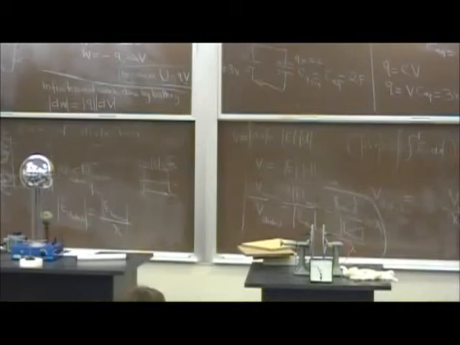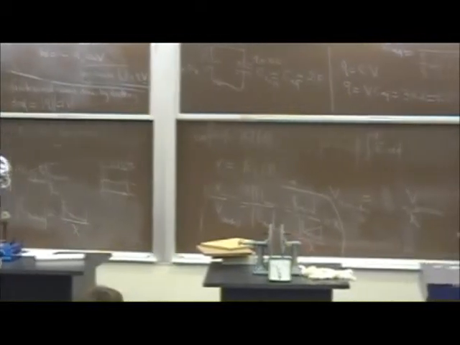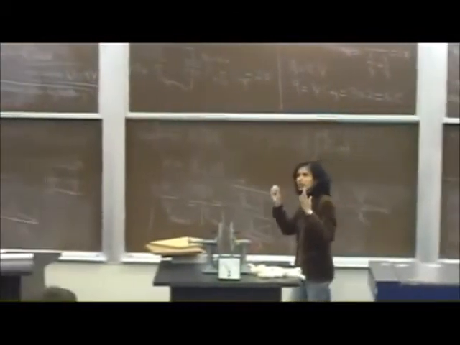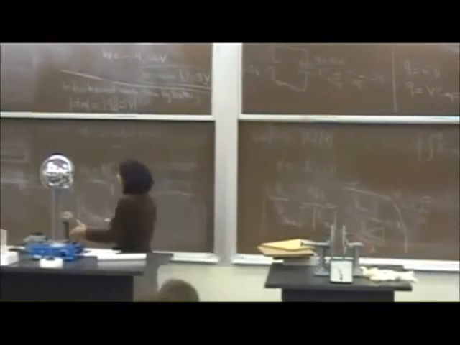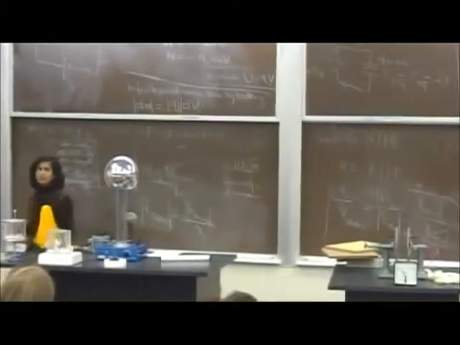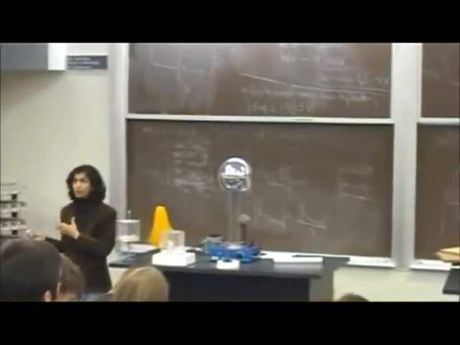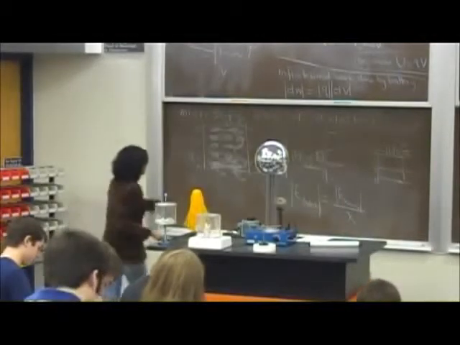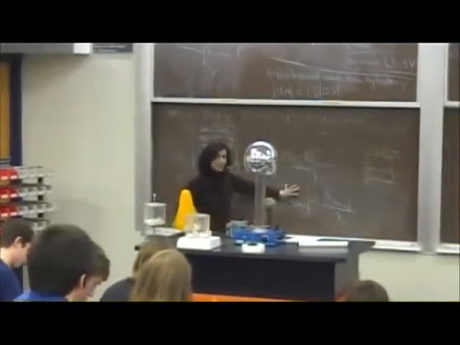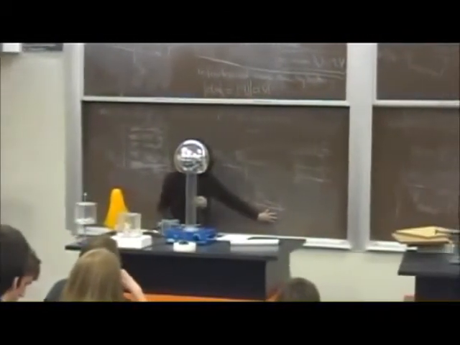Is that making sense? So basically, I want you to have a physical picture in mind as to what is going on. When you put some dielectric or some insulator between the plates of a capacitor, the net electric field with the dielectric is smaller by an amount kappa.